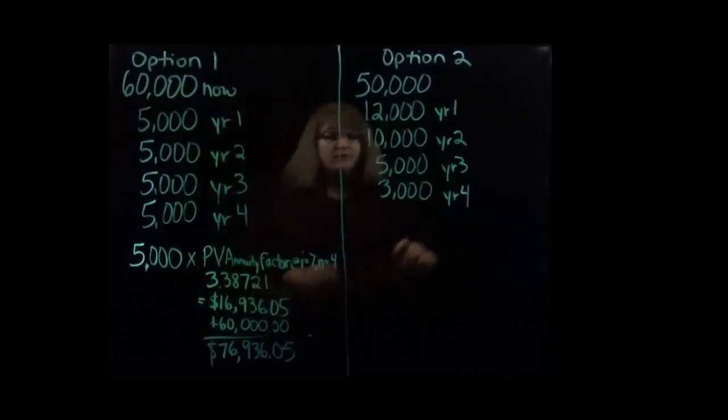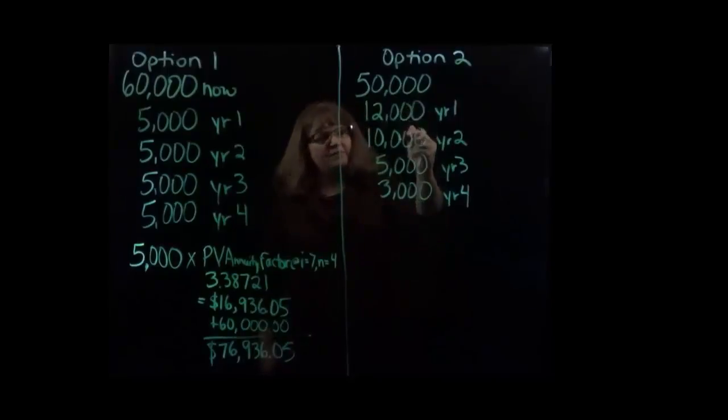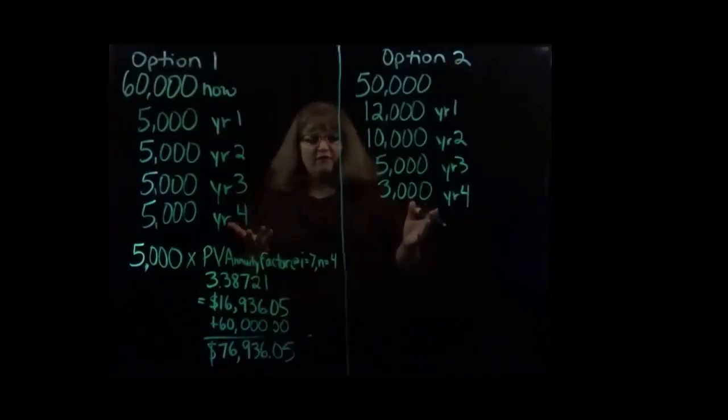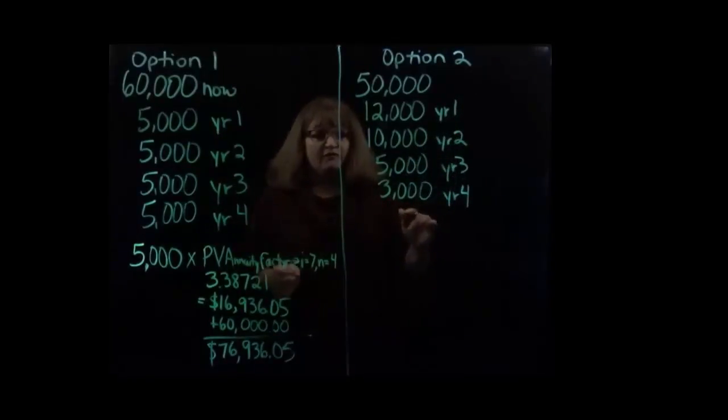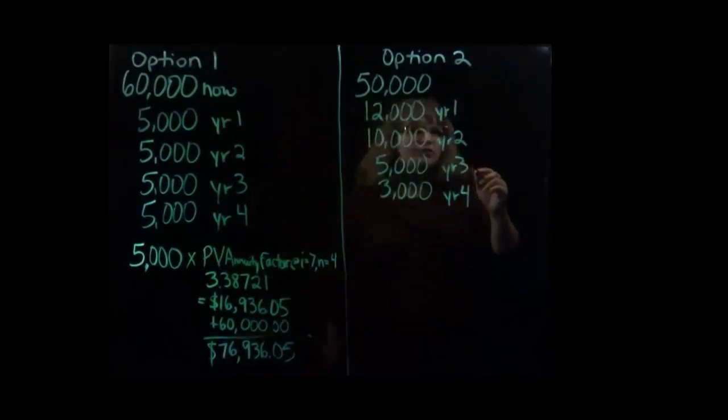Next, we're going to calculate the present value of option 2. And because the payments are all different amounts across those 4 years, we don't have an annuity situation. An annuity is equal payments spaced equally in time. Here we've got equal time frames, but we don't have equal amounts. And so we have to look at each one of these separately. And so for each one of these, we're going to multiply them by a present value factor.